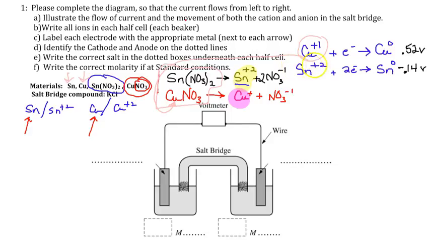So the ion that's the worst at reducing means that the reverse, Sn(0), is going to be the greatest at oxidizing. So the most reactive metal that we have of the two, based on what I'm doing here, is the tin. So this is the most reactive metal.